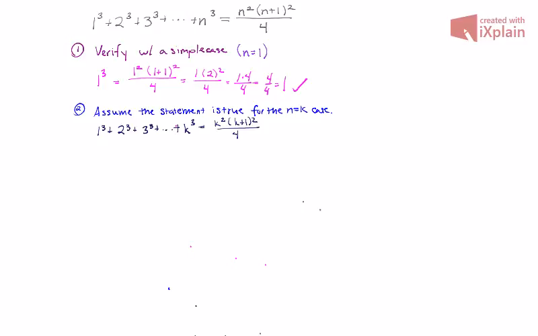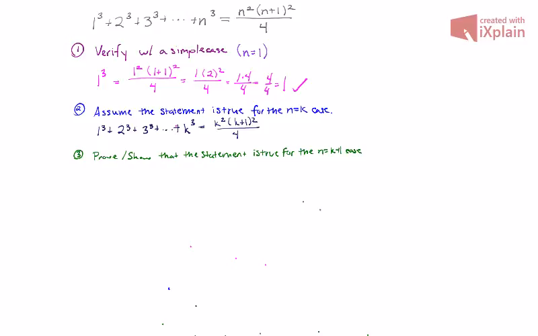What I want to do now is prove or show that the statement is true for the n equaling k plus 1 case. In other words, I want to look at the next consecutive case above.